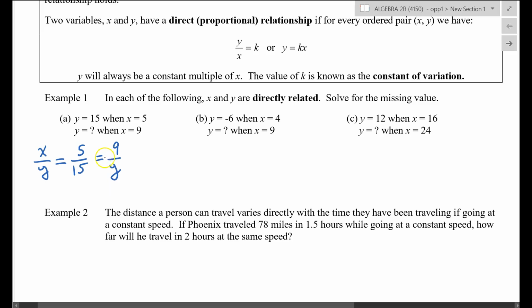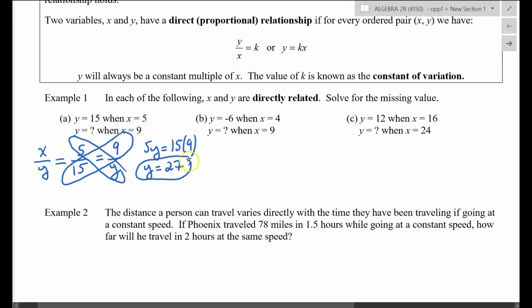We cross multiply. And so do you guys agree that I could do that right there? So I get 5 times y equals 15 times 9. And if I solve that, I will get 27, no doubt. Now that's a pretty easy one to do because the relationship is easy to see.